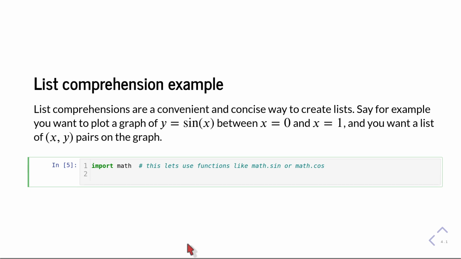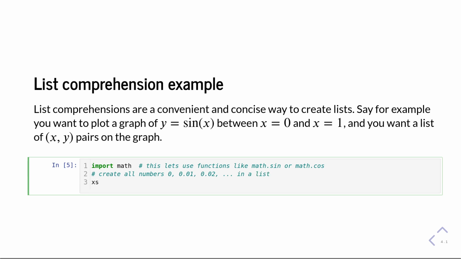So let's think about the x's first of all. So let's create all numbers 0, 0.01, 0.02, and so on in a list. So these will be the x coordinates for the points on our graph. So we'll call this list xs, and we'll do this with a list comprehension. So we could do this by saying, well, I want the numbers 0 up to 100, and I want to multiply those by 0.01.